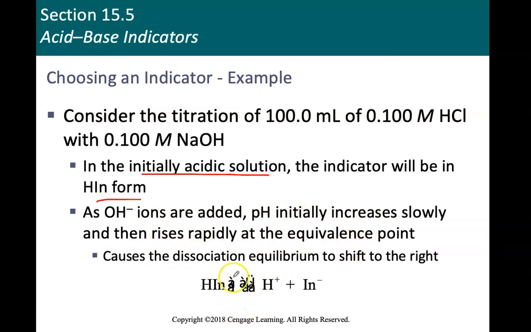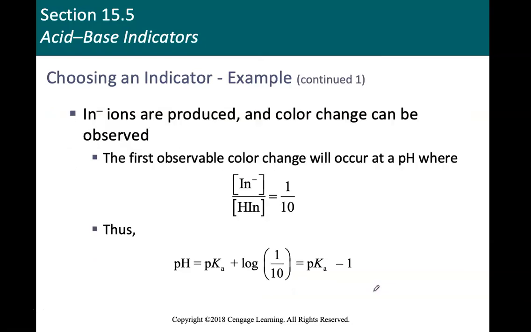So this is the equation for the ionization or dissociation of the indicator. So the indicator anions, In minus, are produced, and the color change can be observed using the criteria we've set from the previous discussion.